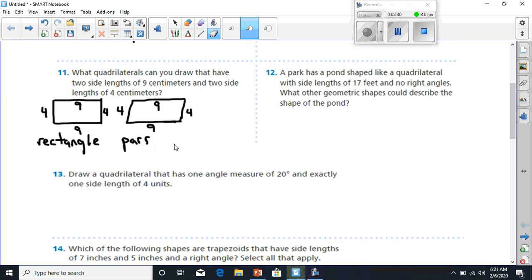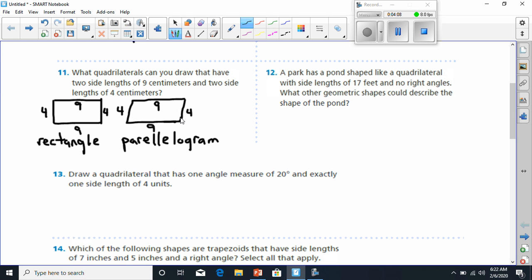And sorry, I had to check to see if I was spelling that correctly, and I wasn't. So parallelogram. Parallelogram. And then is there any other one that I can do?